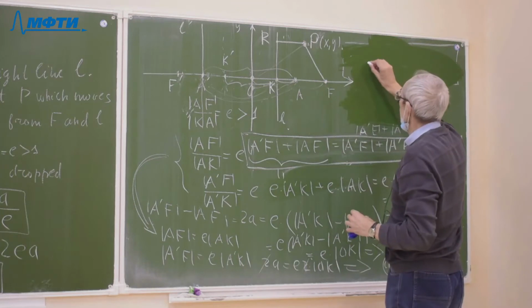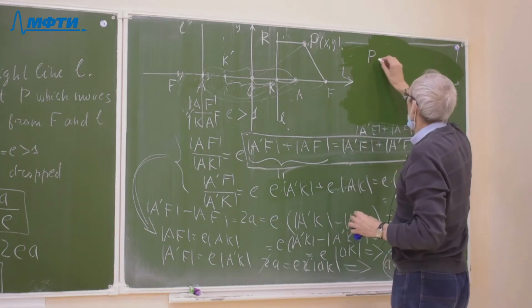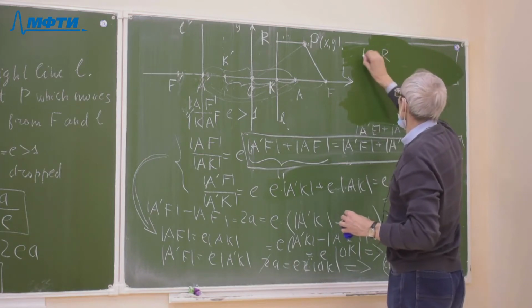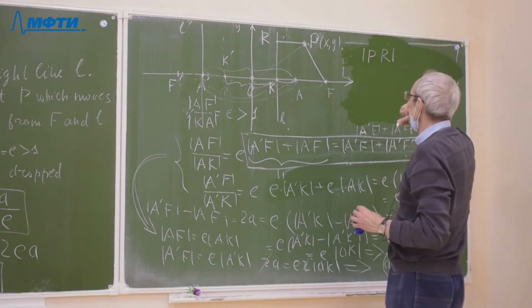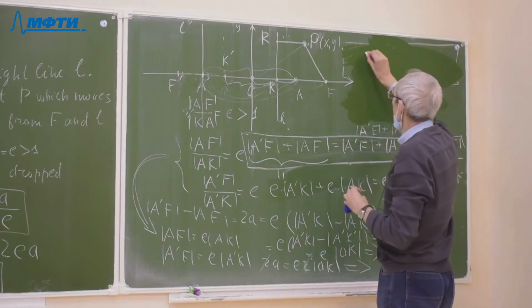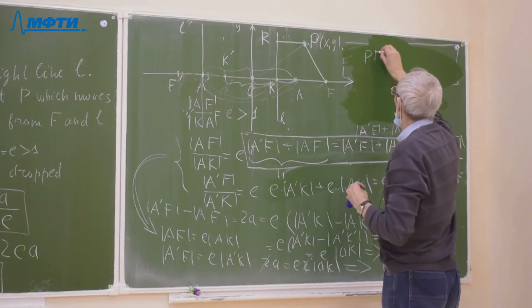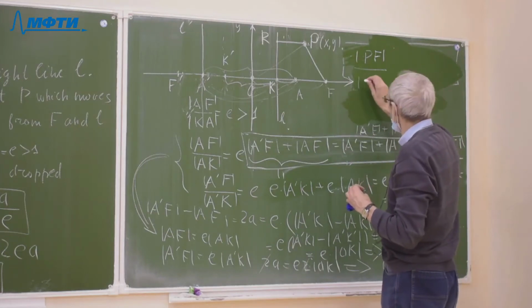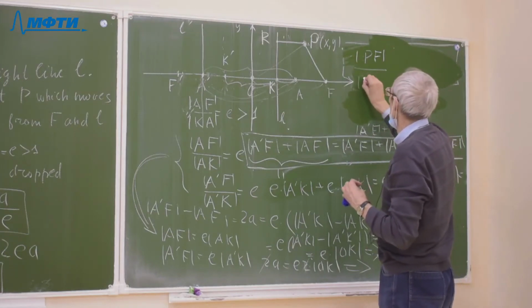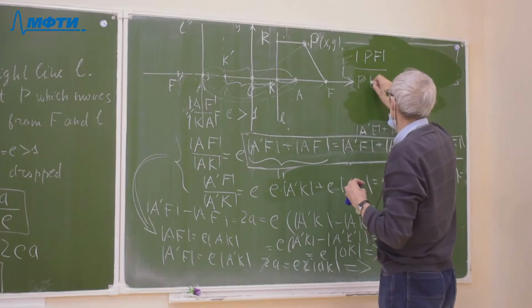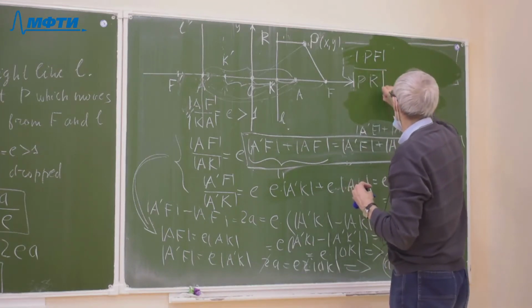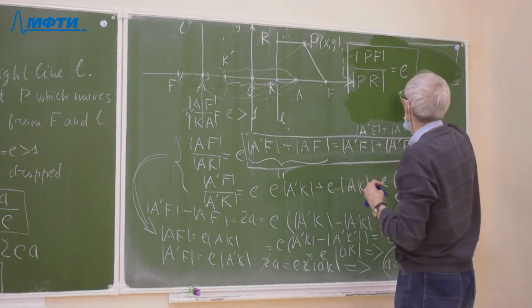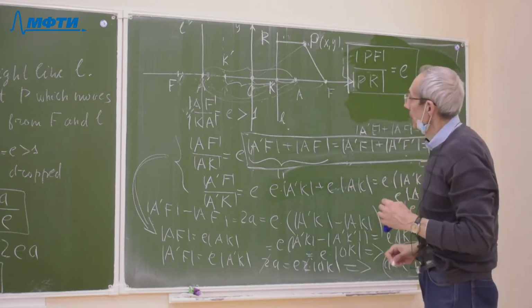The definition is the following: the ratio PF to PR is equal to epsilon, is equal to E, our definition.